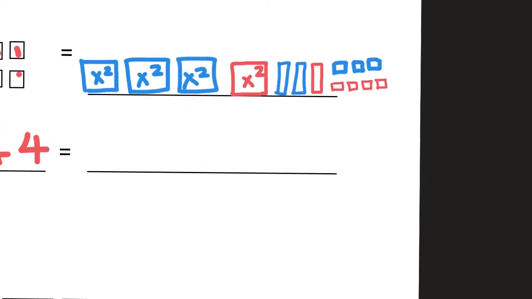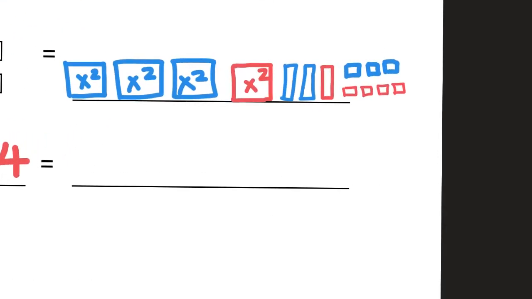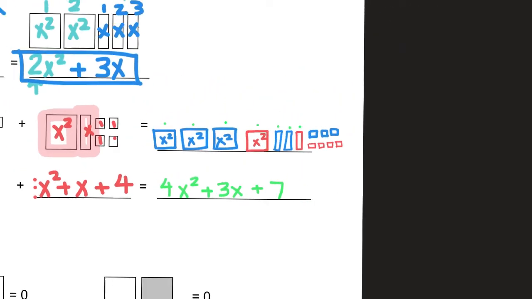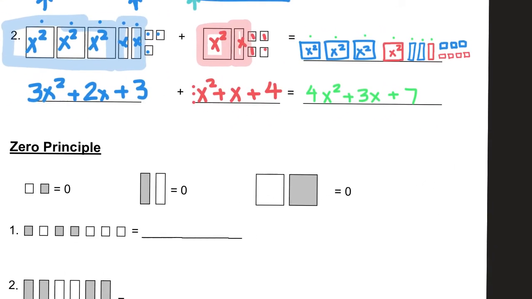Now we'll represent the sum algebraically. How many x squareds do we have? So there's 1, 2, 3 blue ones and 1 red one. So that's 4x squared plus 1, 2, 3 x's plus 7 units. So the sum is 4x squared plus 3x plus 7.